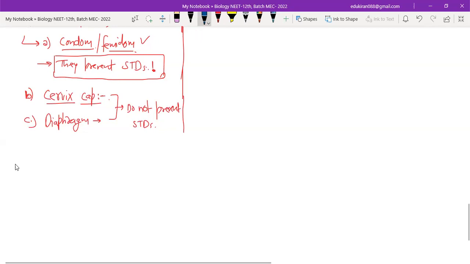Okay, so apart from barrier methods, natural methods, artificial methods, another way is through IUDs. You know what are IUDs?